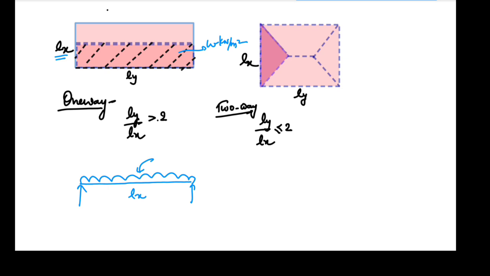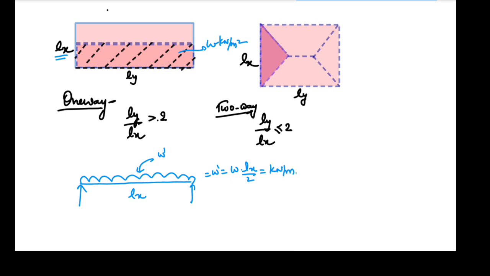So to convert kilonewton per meter square to kilonewton per meter, say this intensity on the beam is W dash. W dash will be W into Lx by 2. This W is in kilonewton per meter square, and per meter square we multiply by meter, so this unit will be kilonewton per meter.